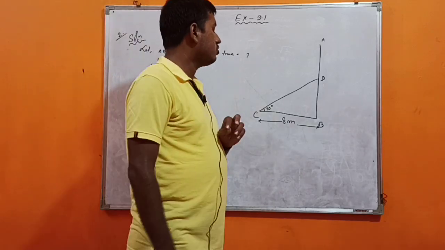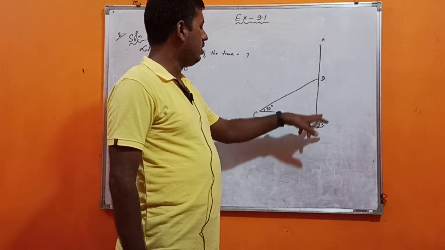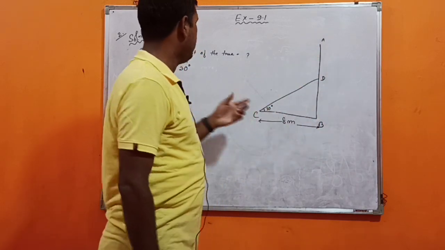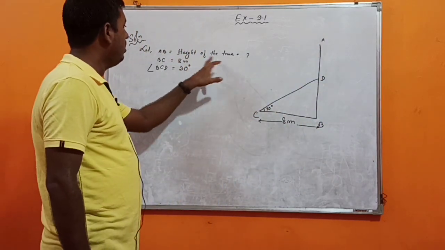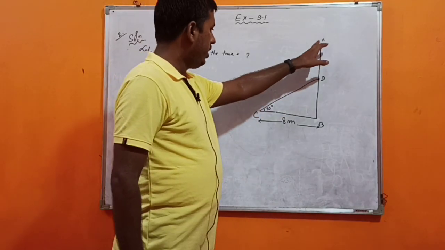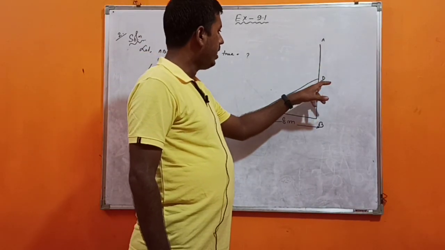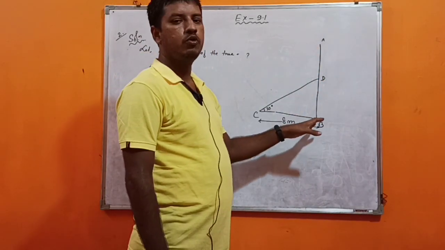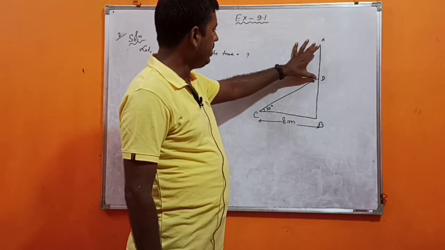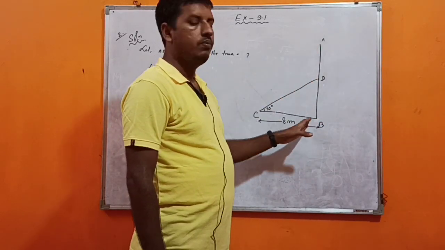Okay, so we have considered AB is the height of the tree, that is AB equal to height of the tree. The point I have chosen D, where the tree breaks due to storm, that is in AD part the tree breaks.